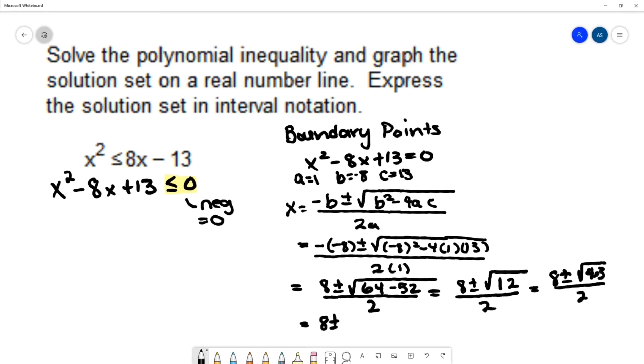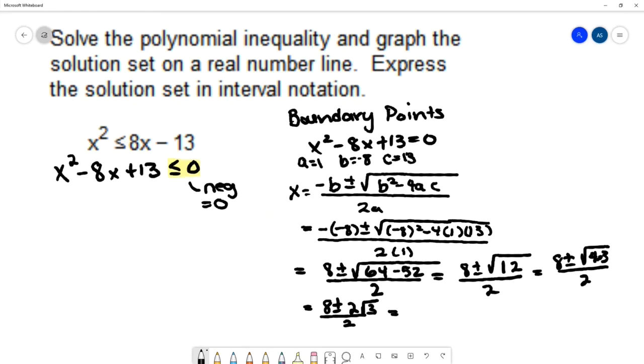The square root of 4 is 2, and the 3 stays inside the radical. And then finally we have 4 plus or minus square root of 3 if I divide that 2 into both those terms. So I get boundary points of 4 plus square root of 3 and 4 minus square root of 3.